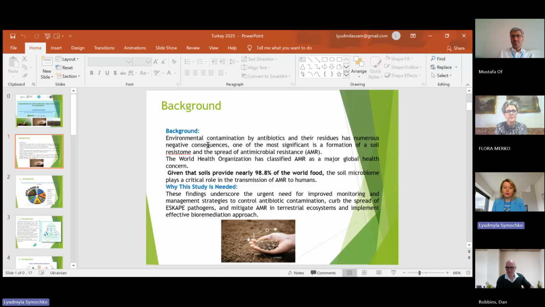So why is this study needed? Our findings allow us to improve monitoring and management strategies to control antibiotic contamination. It's first to estimate a level of contamination by antibiotics and to provide new strategies for bioremediation of soil contaminated by pharmaceuticals, not only antibiotics.